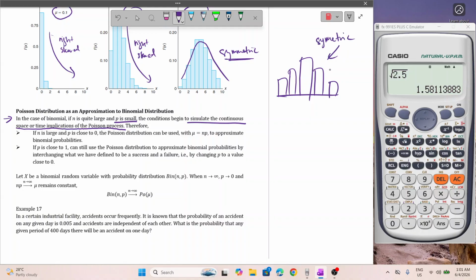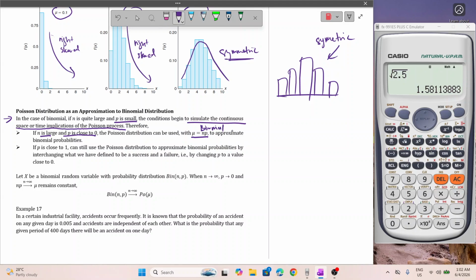Therefore, if n is large and p is close to 0, Poisson distribution can be used with mean n times p. This one is the mean for the binomial.